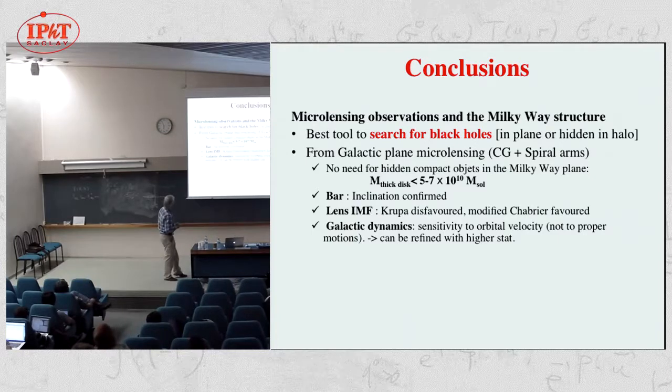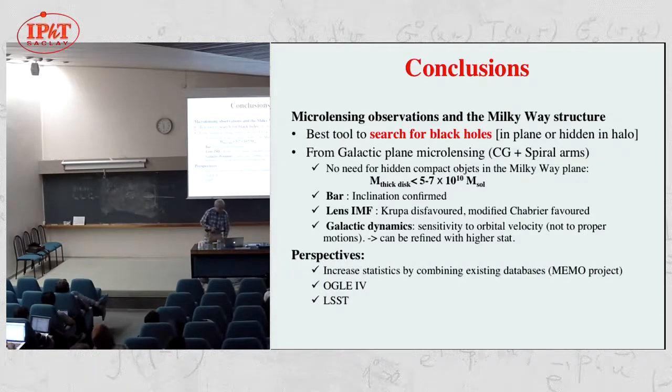This is about the fine structure of the galaxy. The inclination of the bar has been confirmed. The initial mass function also, we have some sensitivity to it. But I think that the most important for the conclusion is the fact that there is no need for hidden compact objects in the galactic plane.